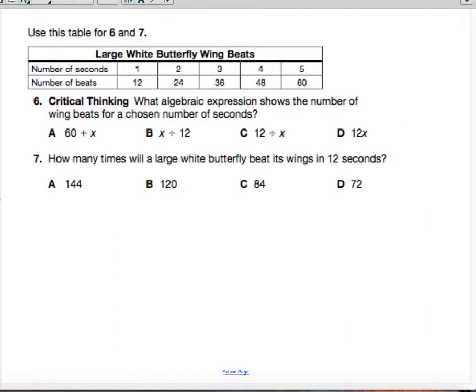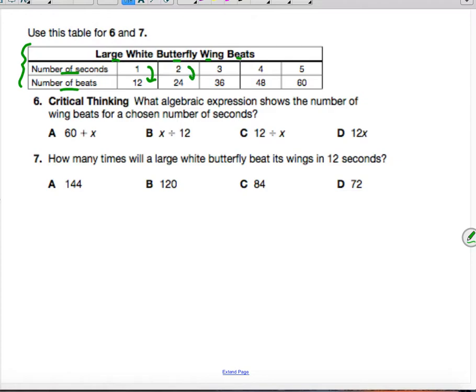Let's look at numbers 6 through 7. Numbers 6 through 7, critical thinking. They are telling you that you're using a table about large white butterfly wing beats. And it says that for the number of seconds, you get a certain number of beats. So for 1 second, you're going to get 12 wing beats.